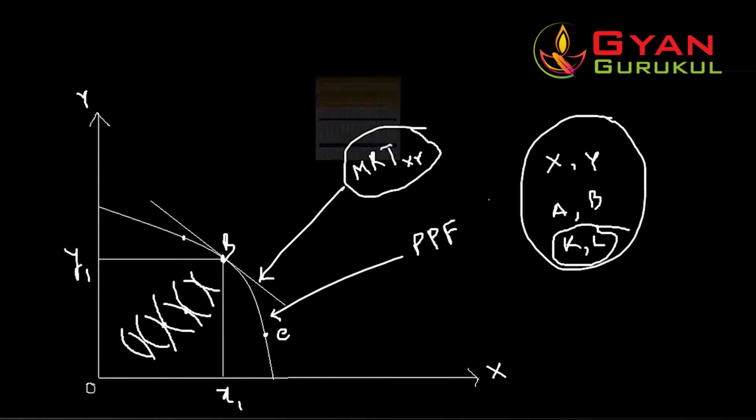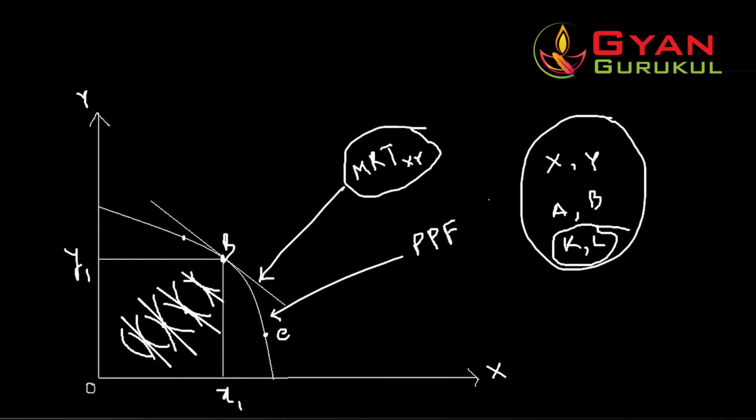Let me increase the size. Now let's say this is a slope, then this is another slope. Then here the slope is steeper than before. Then here also we get a slope like this.